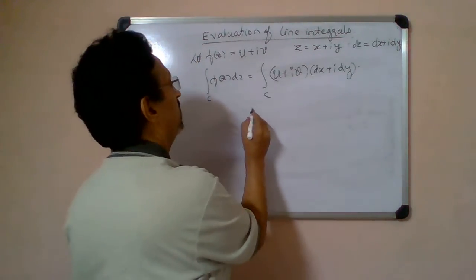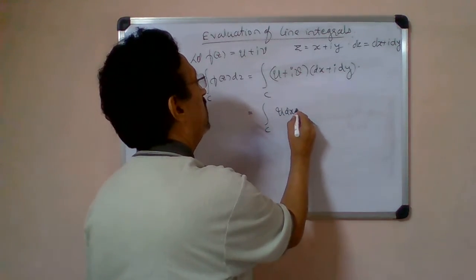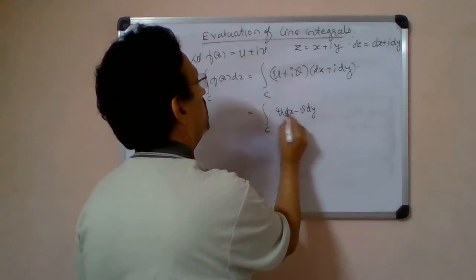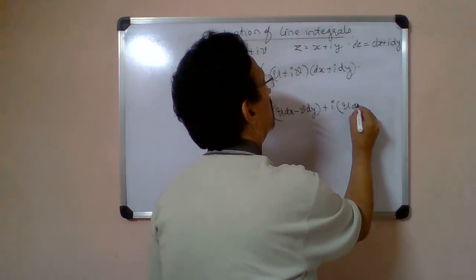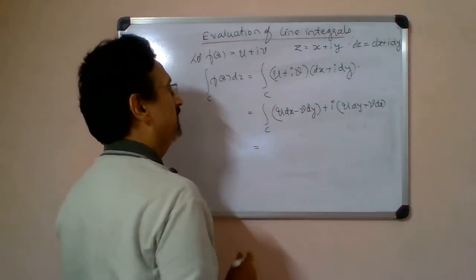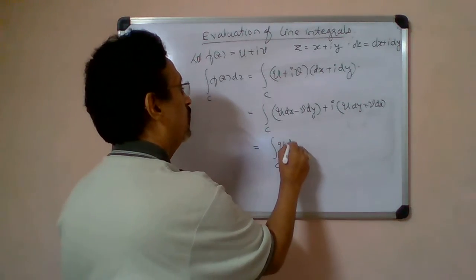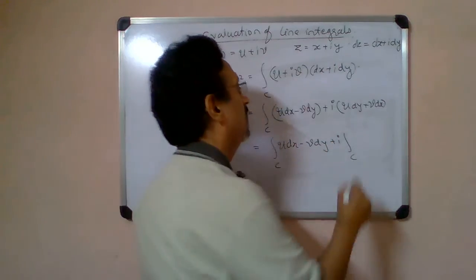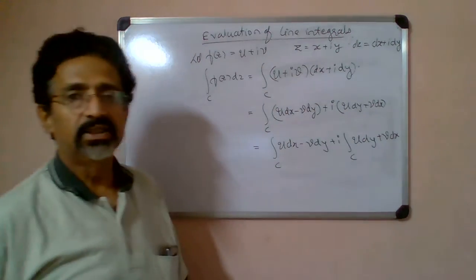So now if I simplify this, this will be equal to the integration over C. I write the real part first, u dx minus v dy, plus i times, it is u dy plus v dx.